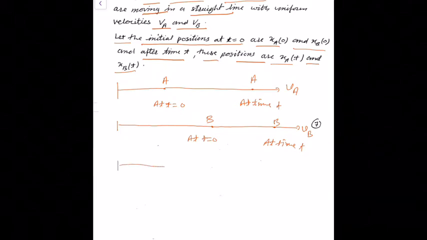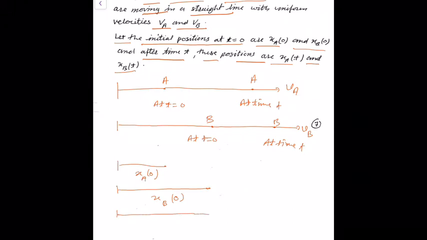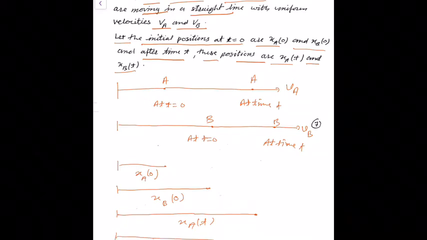Position of A at t equal to 0 is xA0, and B is xB0, and at time t, position of A is xAt and position of B at time t is xBt.